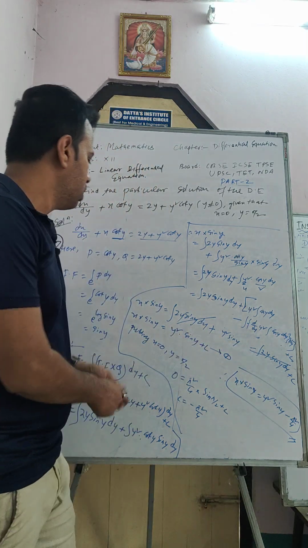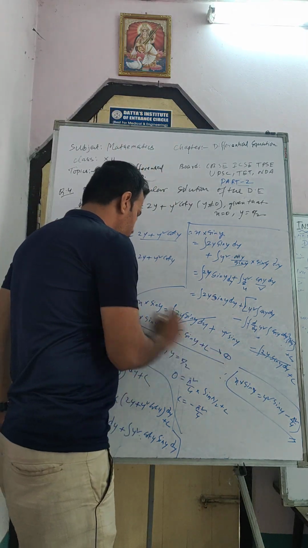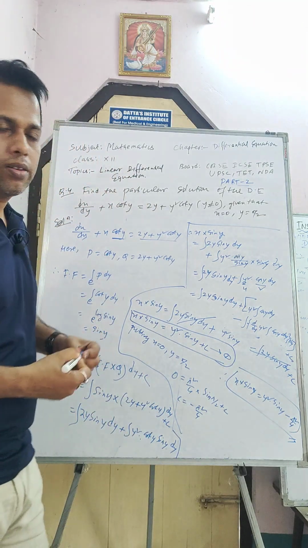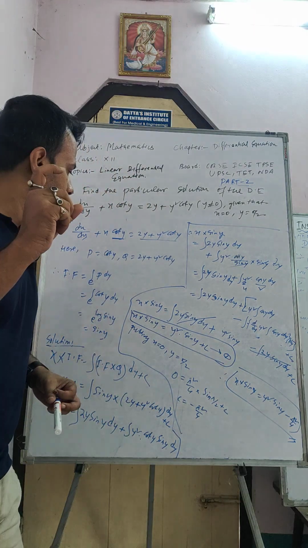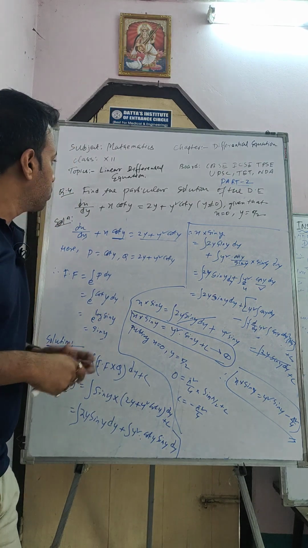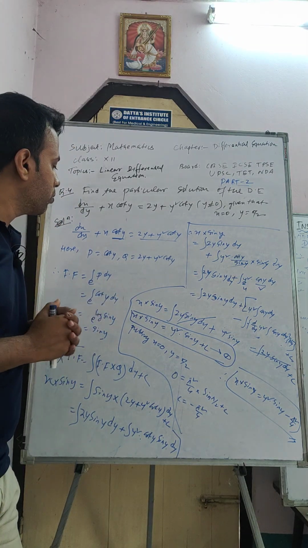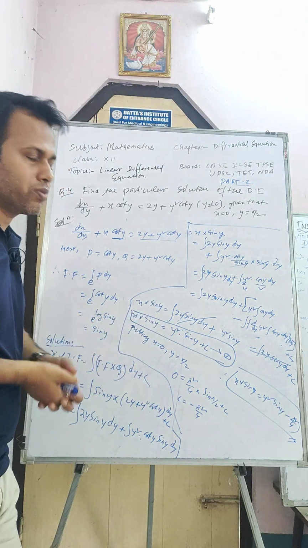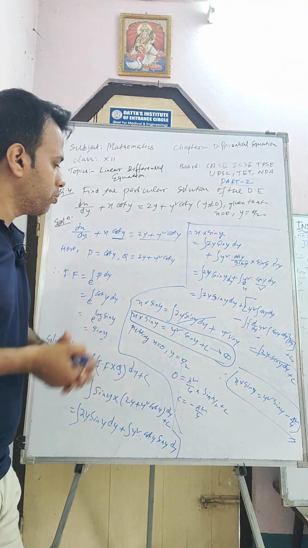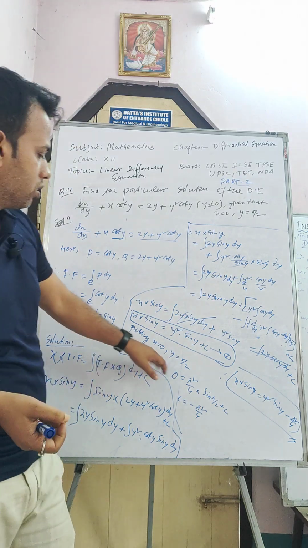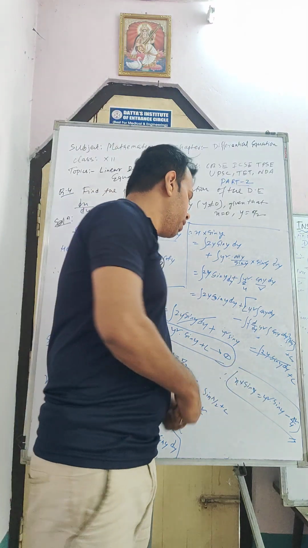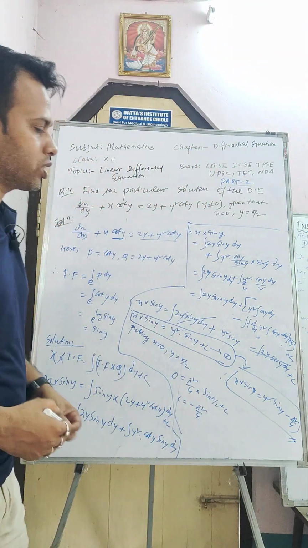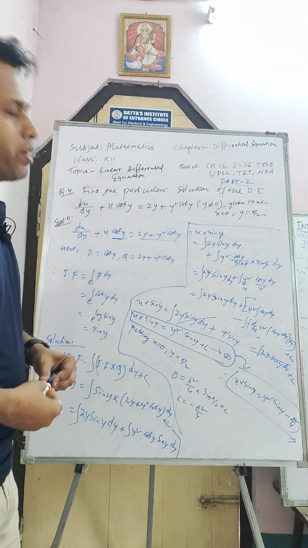This will be the solution of the differential equation, and we have to find the particular solution. So we put the values of x and y in this equation. After that we find c is minus pi square by 4. So I put the value of c in this equation, and this is the final solution: x sin y equals y square sin y minus pi square by 4.